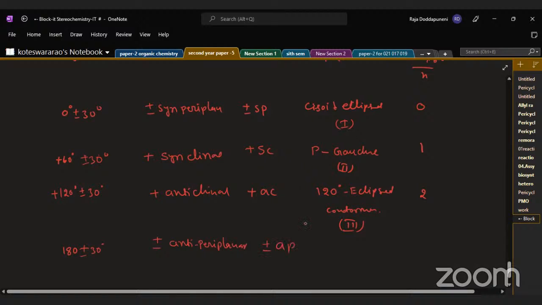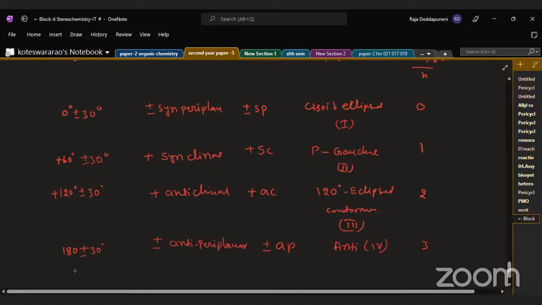This structure is called the anti-structure, the anti-conformer. Now the fourth structure is mentioned in the previously given conformers. Now it is the multiple of 3 into 60 degrees. That is 3 into 60 is 180.